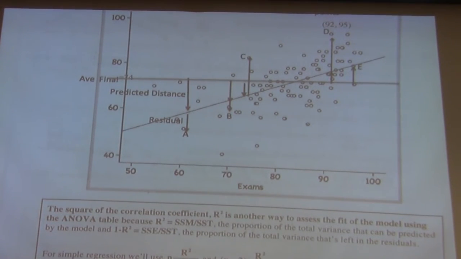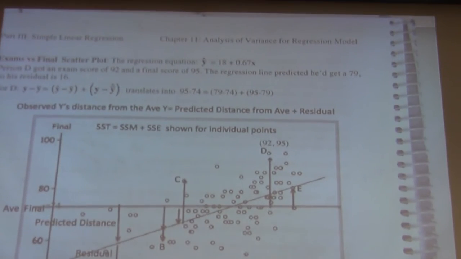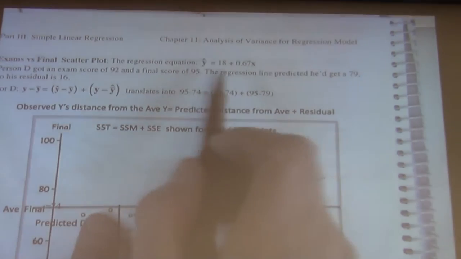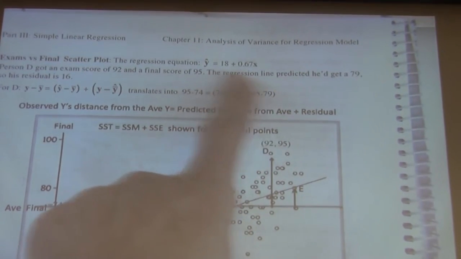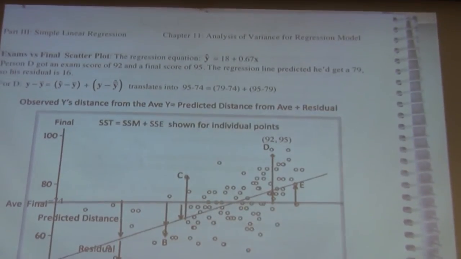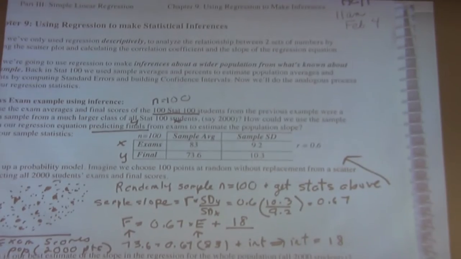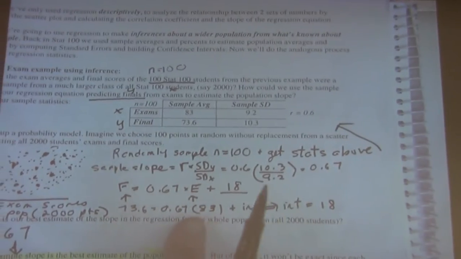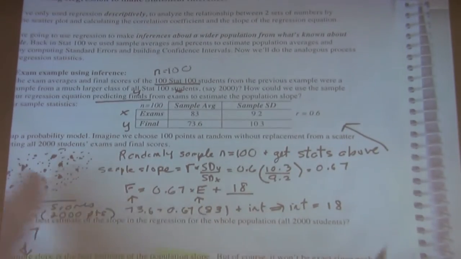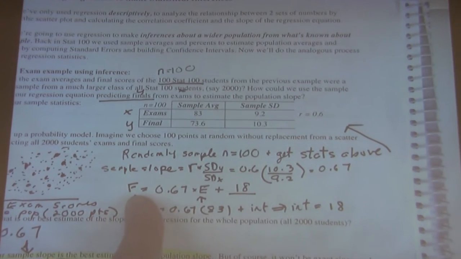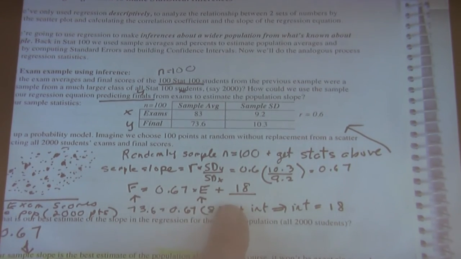First of all, this is our regression equation, what we got in chapter 9. This is our same example, our simple regression equation, and I'm just using the same data here.